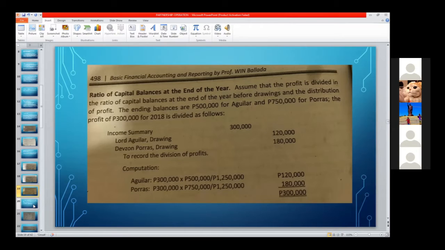So, you will get 120,000. And for Porras naman, 300,000 multiply dun sa 750,000 na ending balance ni Porras. Then divide sa 1,250,000. Lalabas is 180,000. So, ganun pa rin yung total neto is same pa rin dun sa profit na given, which is yung 300,000. So, next slide.